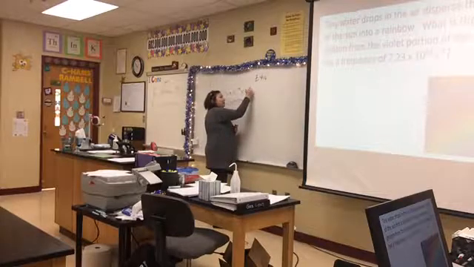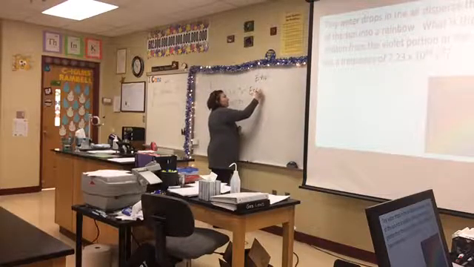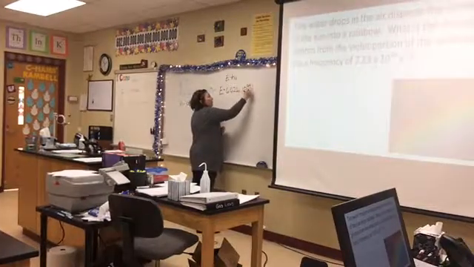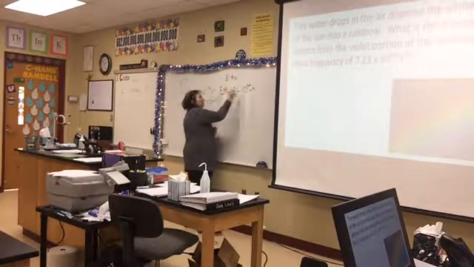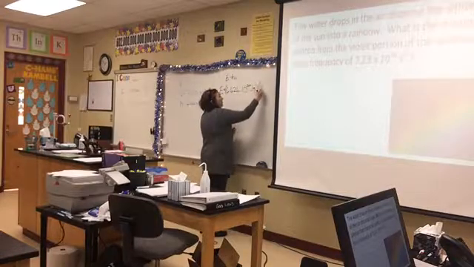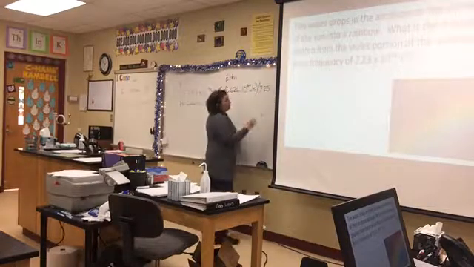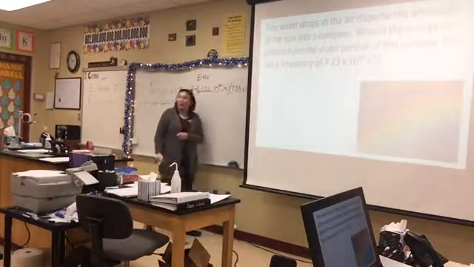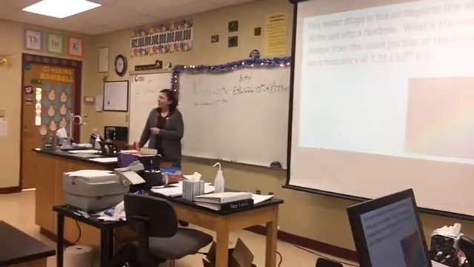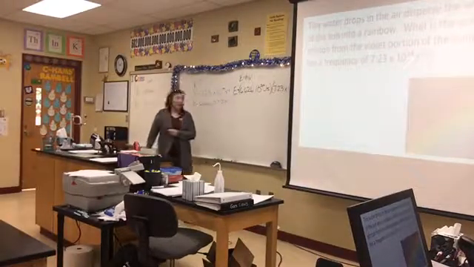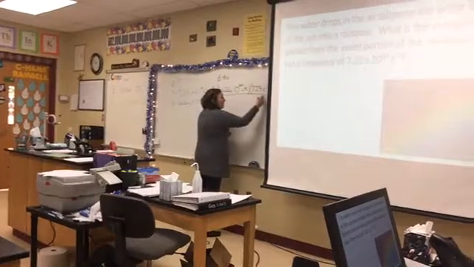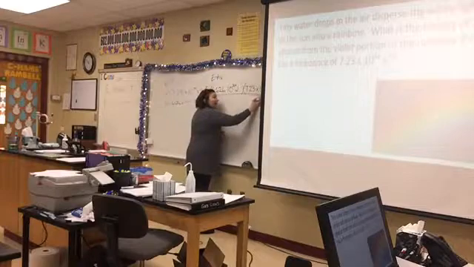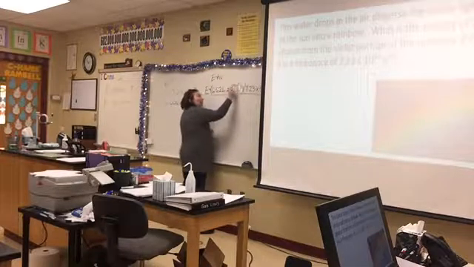So the energy equals 6.626 times 10 to the negative 34th joule second times 7.23 times 10 to the 14th. Now, if it's S to the minus 1, where does that S go? In the numerator or denominator? Denominator. So it goes down here at the bottom. This S cancels out this S, and that's where our joules comes from.